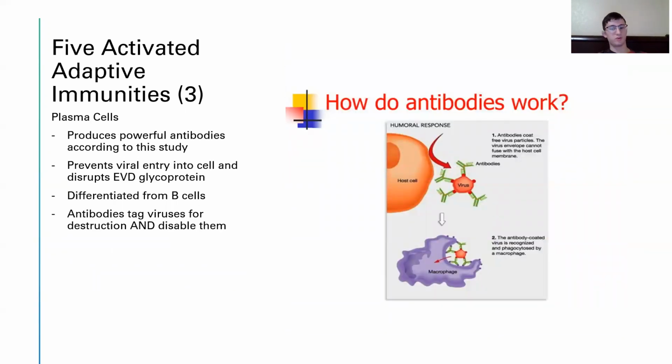So plasma cells produce powerful, broadly neutralizing antibodies, also called BNAbs, in the blood of Ebolavirus survivors. Ebolavirus uses its glycoprotein to attach to cell membranes and initiate infection.